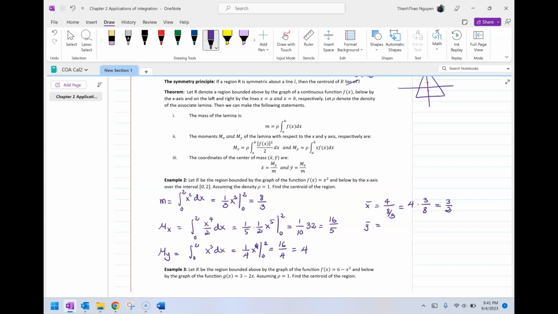Y bar equals Mx, that is 16 over 5, divided by the mass, 8 over 3. So 16 over 5 times 3 over 8. That is 6 over 5. So the center is 3 over 2, 6 over 5.